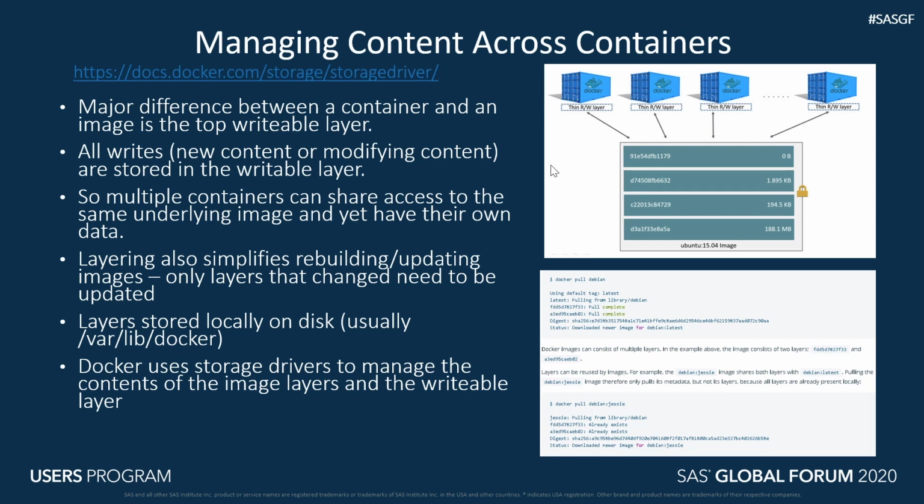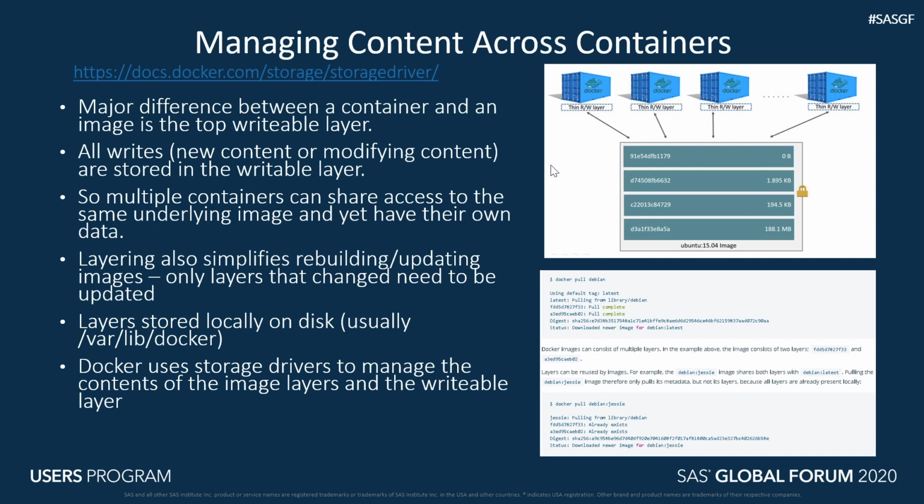Think of it in the same way as if I had multiple users on the same computer. Each user can log on and has their own space to make changes in, their own space to do things in, but they're all utilizing the same underlying software stack, the same operating system and so on. But each user has their own space that is on top of the underlying provisioned software.